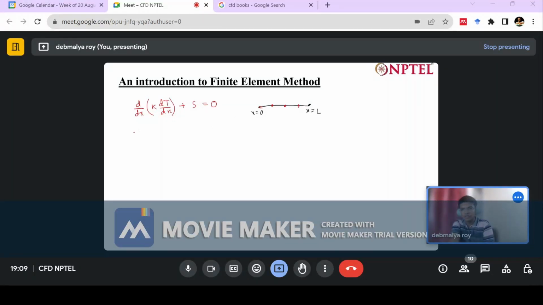So we just took one such element. Let's say its endpoints are I and J, and this is the element E. We simply arrived at the weak form for this particular element, which will look like this.